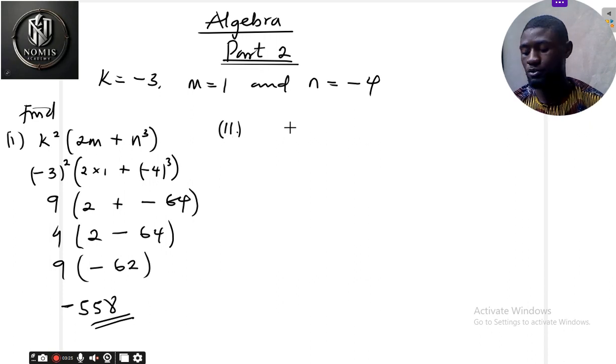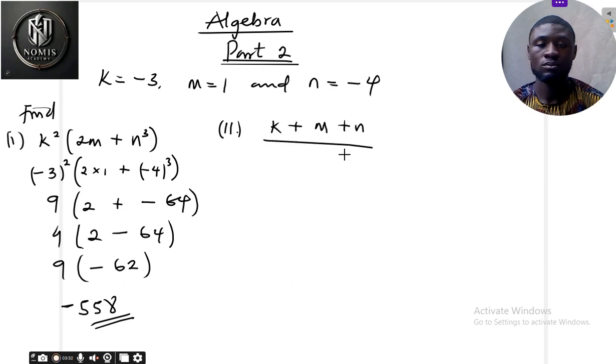Roman figure 2 says, find k plus m plus n all over k squared plus m squared plus n squared. So to solve this down the board, let's put in the values of k, m, and n.